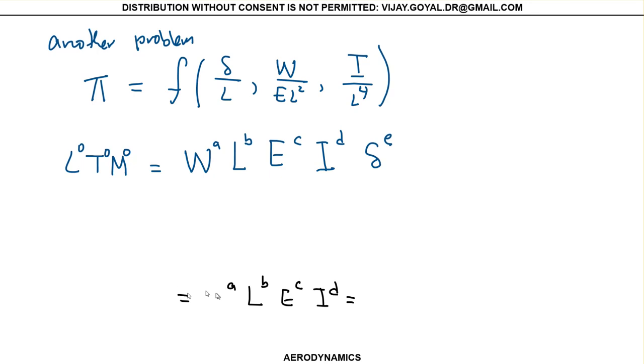Okay, so now what you're doing in the problem is you just have one extra variable, and what you can see is I got three dimensional quantities, right? I have 1, 2, 3, 4, 5 here, 5 elements.